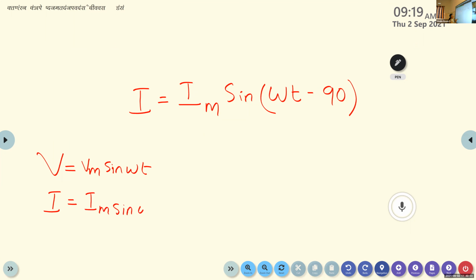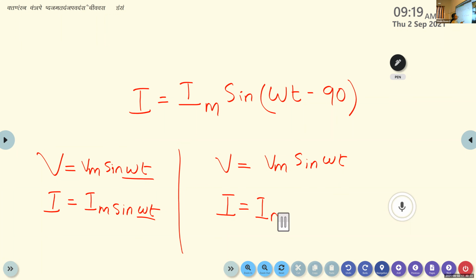The phase angle of both of them will be the same, omega t. But now in the case of an inductor, the same voltage source V is equal to Vm sin omega t is applied, and we get the current I is equal to Im sin omega t minus 90. Are they in the same phase? Say yes or no?